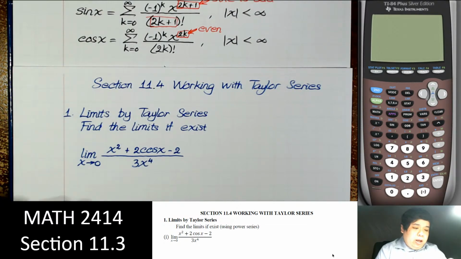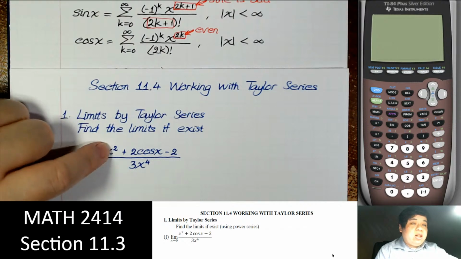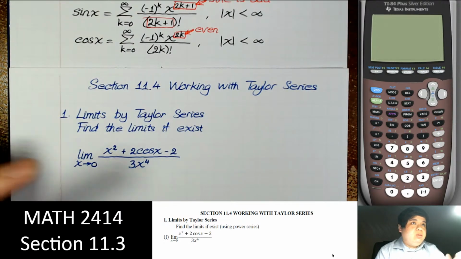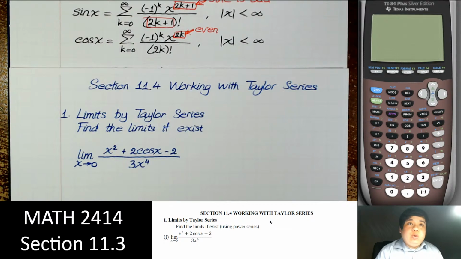So first of all, this is not x going to infinity, so we cannot just take the highest power. We cannot do that because x goes to 0. X does not go to infinity.